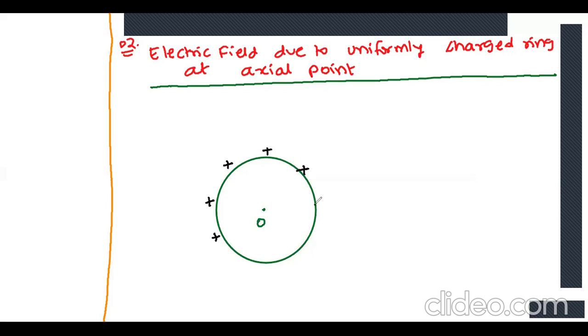Always, any conductor, whatever be the shape, outer surface will be accumulated with positive charge, and inner surface will be accumulated with the negative charge, such that the total charge is Q.